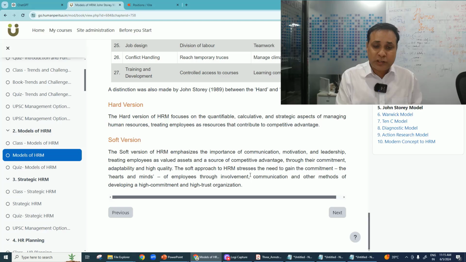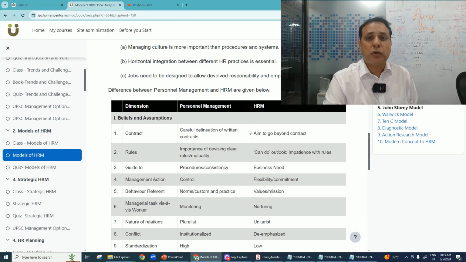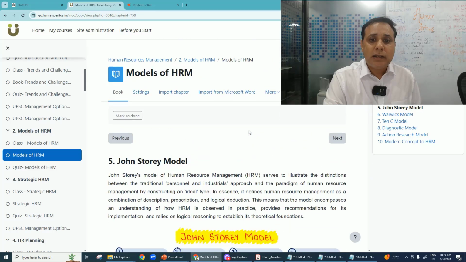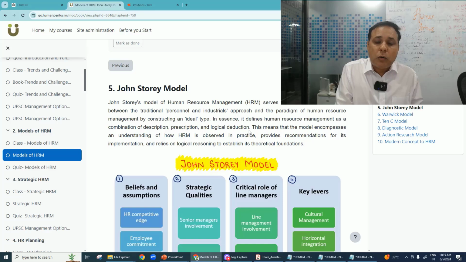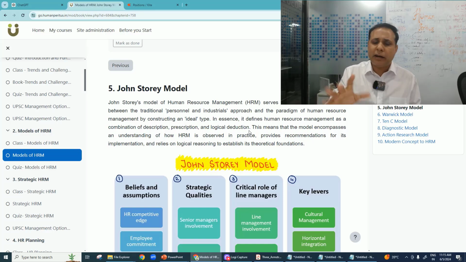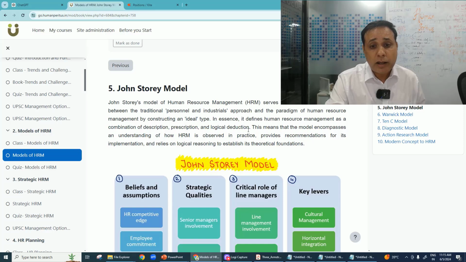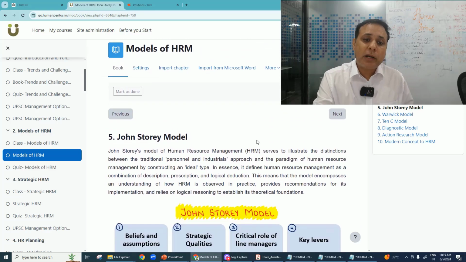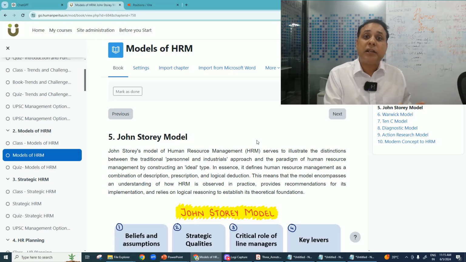So this was the first thing. Then there is another thing which John Storey did. He created a difference between the older version of HRM and the newer version of HRM, around 1992 or 1995. Earlier, HRM was primarily called personnel and industrial relations management, so it was personnel management.